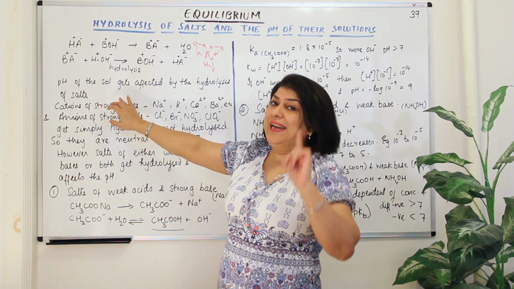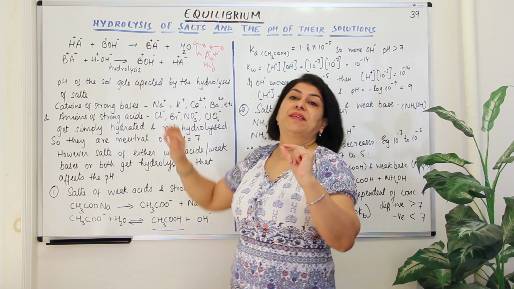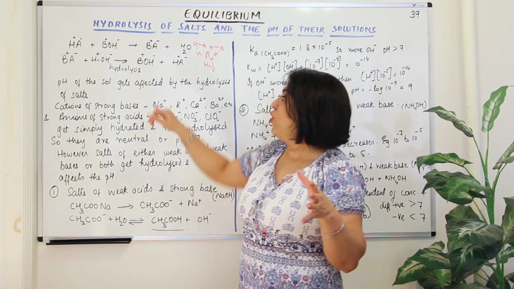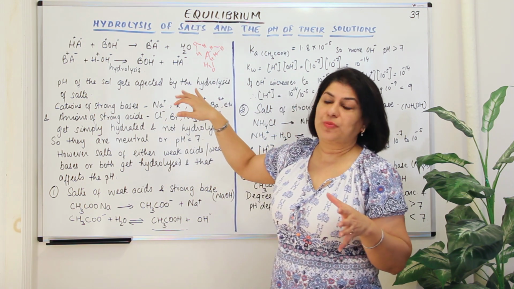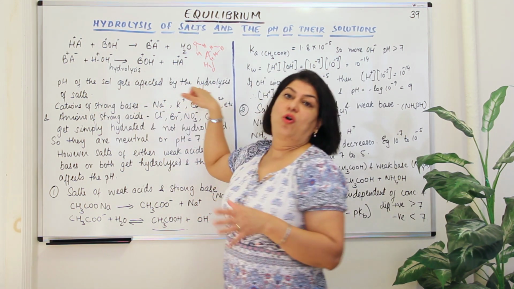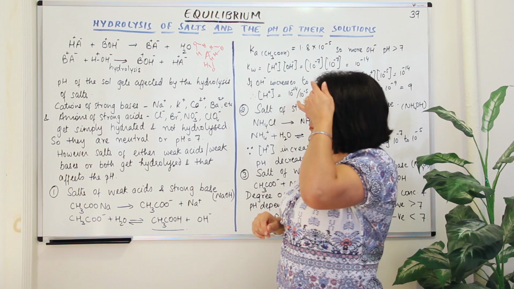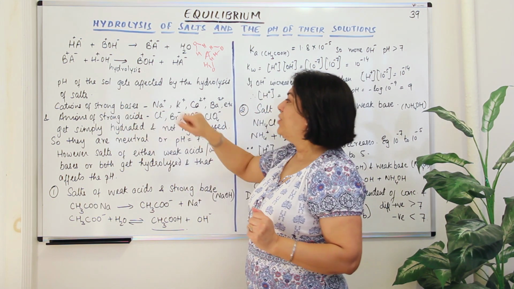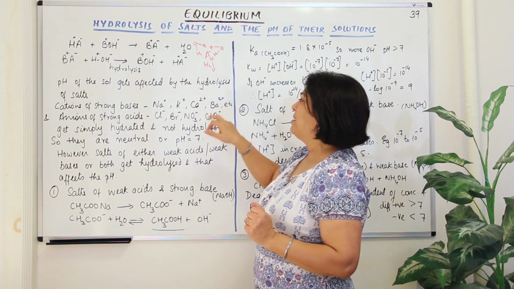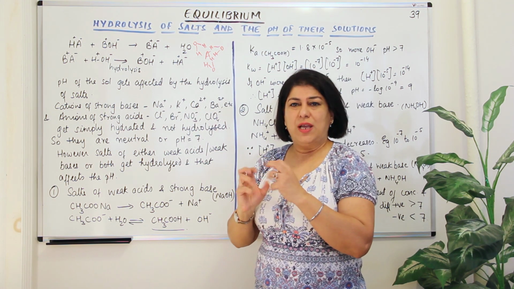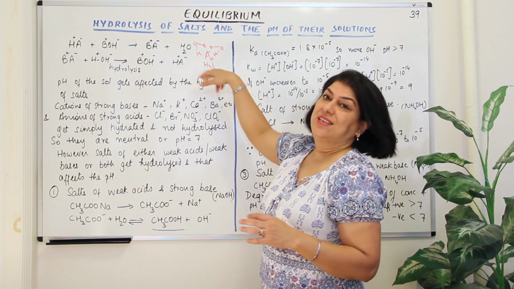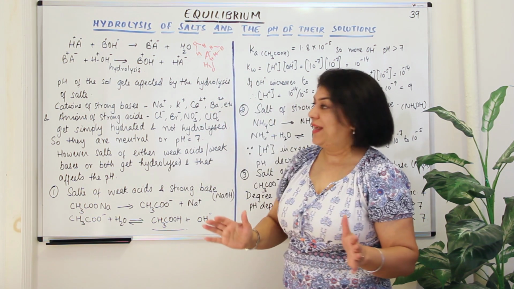So pH only gets affected when there is a hydrolysis of the water molecule by the salt, although we call it the hydrolysis of salt because it is the salt which is causing the hydrolysis. So when you have cations of strong bases, that is sodium ion, potassium ion, calcium ion, barium, these are strong cations. The strong cations would get hydrated, they would not hydrolyze.